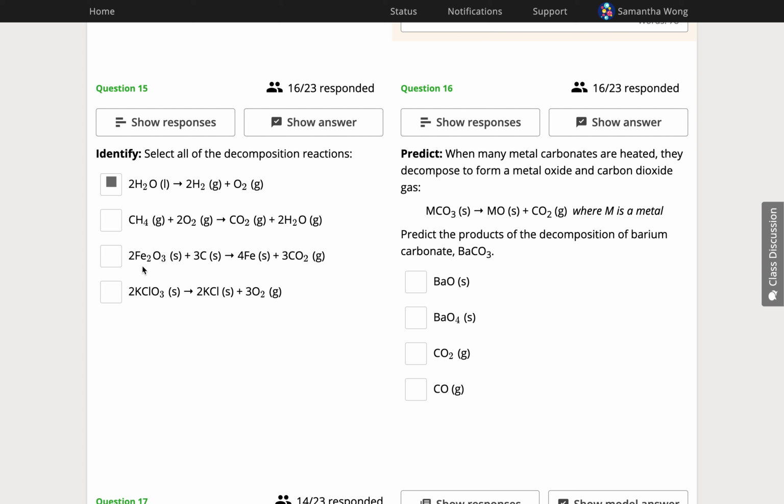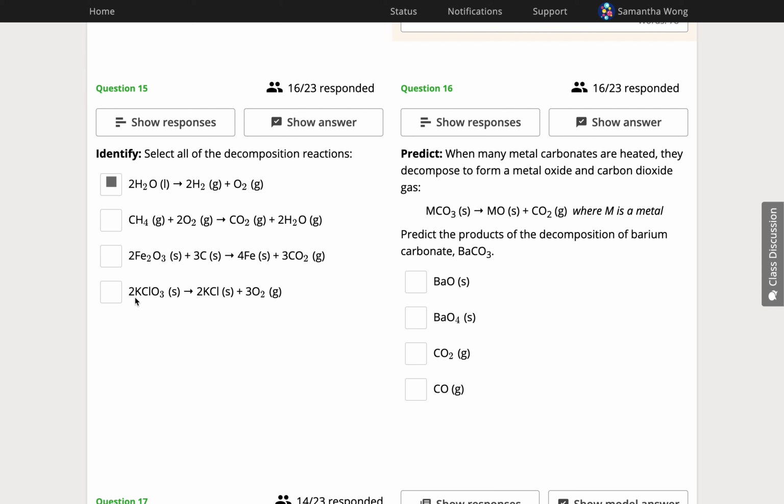With our next equation, we have 2 molecules of Fe2O3 solid, which reacts with 3 lots of carbon to give you 4 lots of iron solid plus 3 lots of carbon dioxide. We also know that a decomposition is not this reaction because you start with 2 reactants and you end with 2 products, so it cannot be this one here.